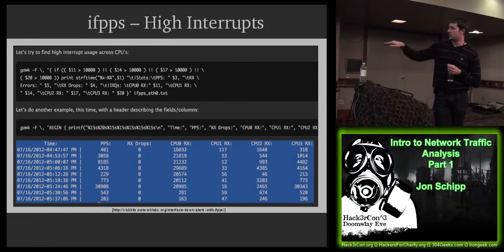We use some other gawk print statements to grab the fields that we want, and this is the way we can determine what second on our machine had the high amounts of interrupts. And we see down there in the columns that we have one at 20,000 hardware interrupts per second, and so on.